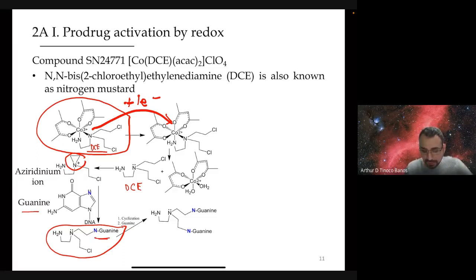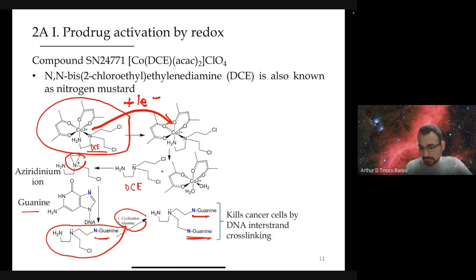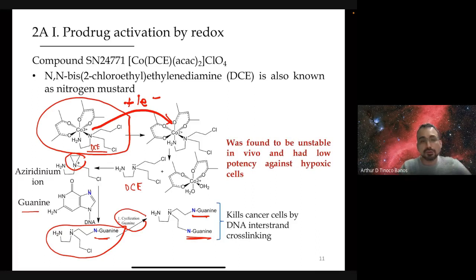And you can have another cyclization event that can lead to this link to 2 guanine residues on DNA. So that is believed to be the proposed mechanism of that compound. That interstrand cross-linking can be effective at killing cancer cells. However, in vivo, this compound was found to be unstable and had low potency against hypoxic cells.